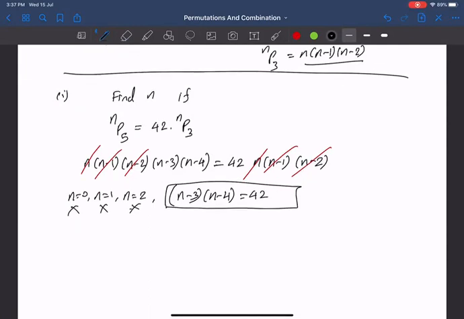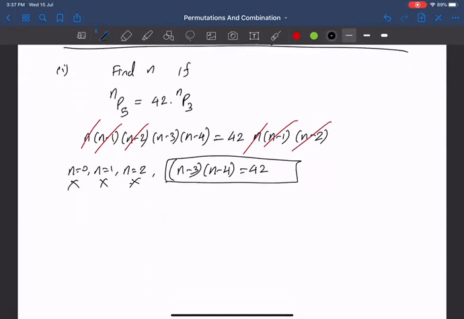By the way, new students who have joined just now will be wondering why he has written n equal to 0, n equal to 1, n equal to 2. If you remember, in childhood we solved m square equal to 3m. Let me explain this. When you cancel m and m, m equal to 0 could be the solution, or m equal to 3.